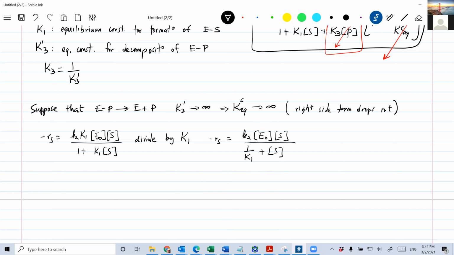Now remember that K1 is small k1 over k minus 1, and that is the equilibrium of formation of the enzyme substrate complex. So Km is often called the affinity of the enzyme for its substrate.